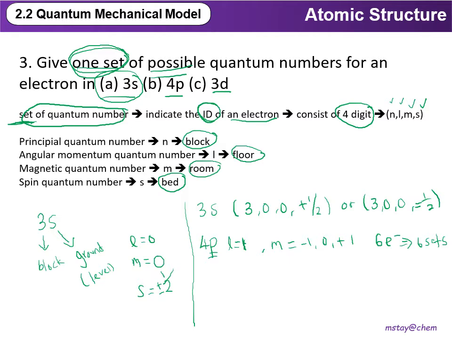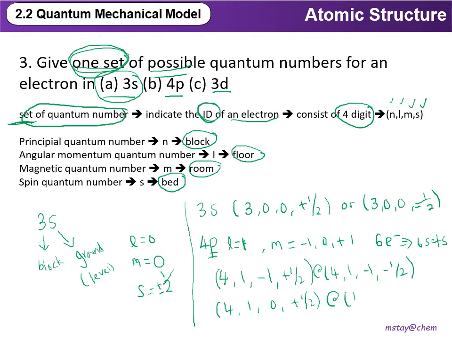But this question just wants us to give one set. So the answer can be 4, 1, -1, +half, or 4, 1, -1, -half, or 4, 1, 0, +half, or 4, 1, 0, -half.